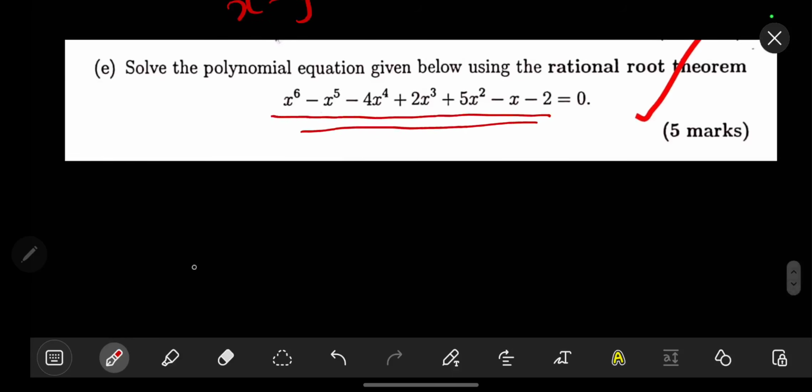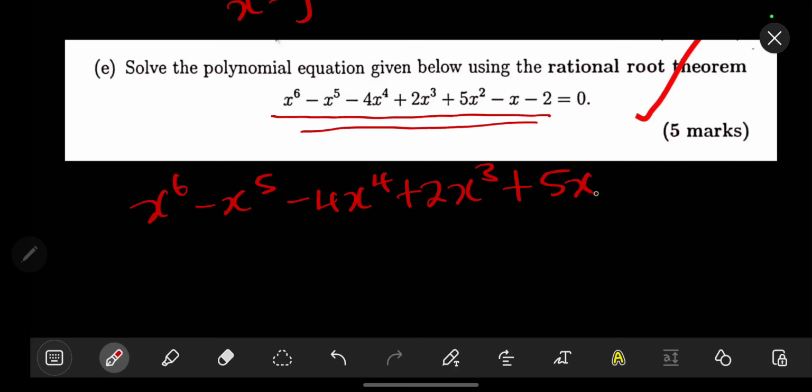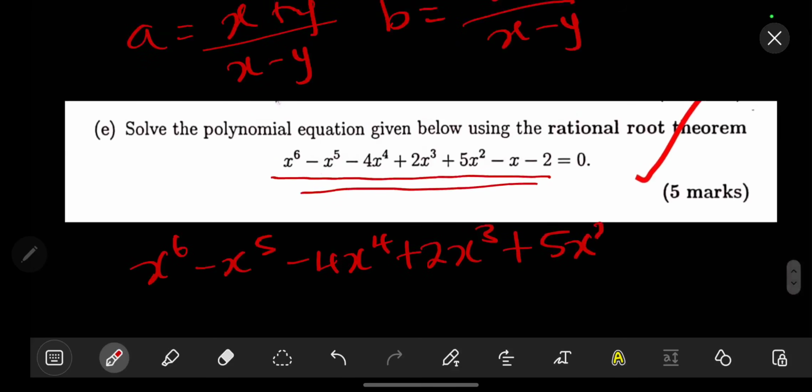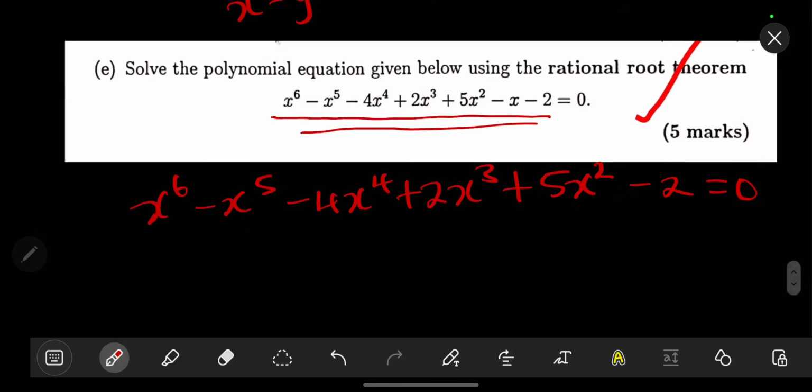So the polynomial is x to the power 6 minus x to the power 5, then minus our 4x to the power 4, then plus our 2x to the power 3 plus our 5x to the power of 2, then minus 2 should be equal to 0.